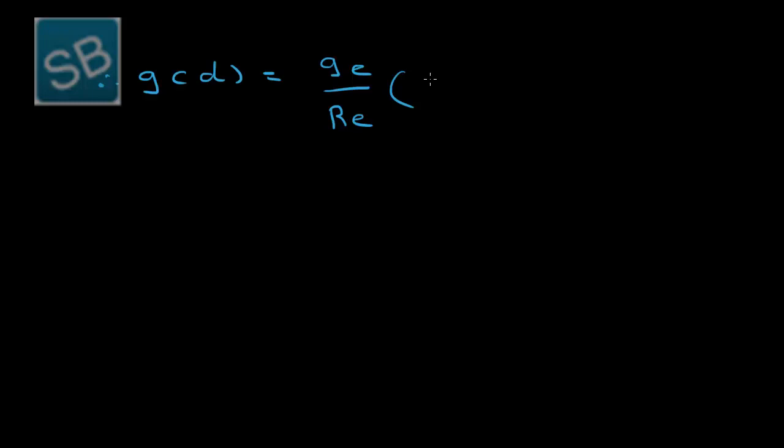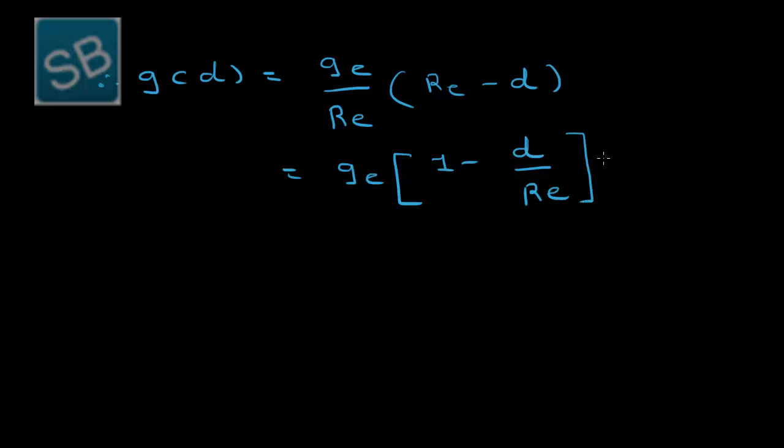See, I am substituting this result in equation number 6. And instead of r, now I am putting re minus d, is equal to gE into 1 minus d over re, which is result number 7. And this is the value of gravitational acceleration in terms of depth.